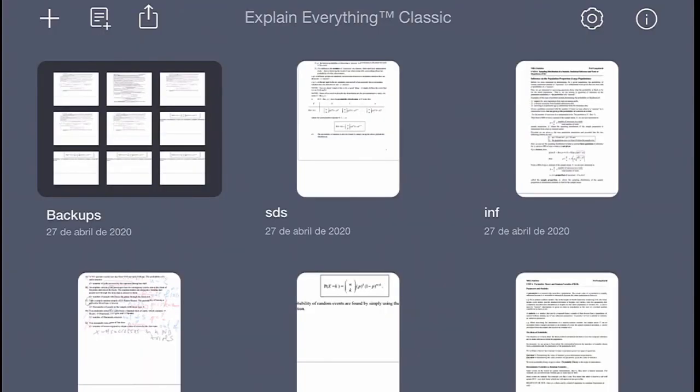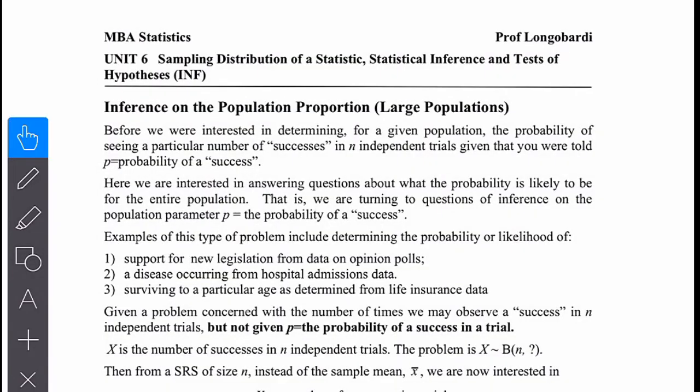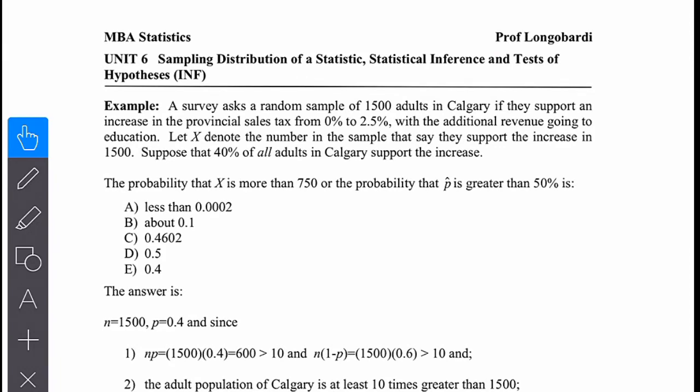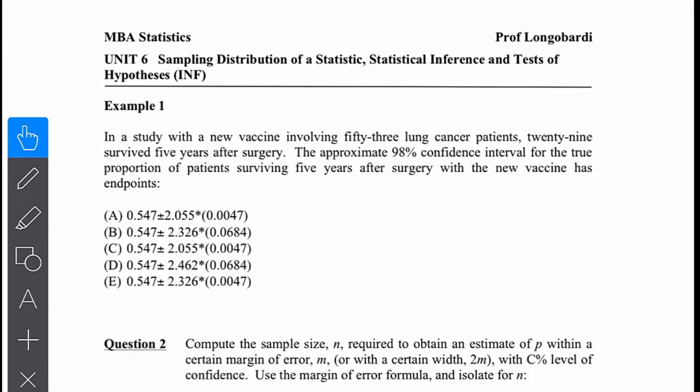And I'm going to start with inference. Now I hope you can read through these notes in the interim. It'll make more sense now that I'm going to say a few things about it. I want to start here on page 4.